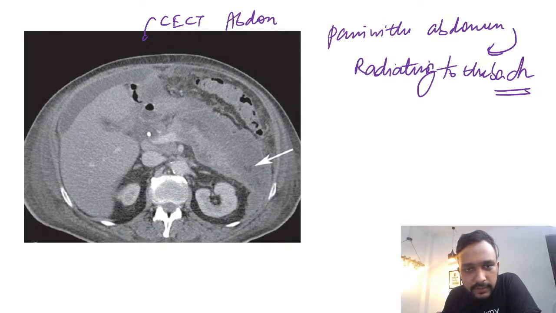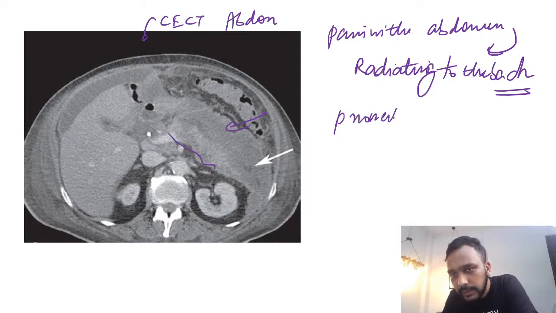So guys, this is a case in which I'd shown you the normal appearance of the pancreas. In this case, we are able to see non-enhancing areas within the pancreas.